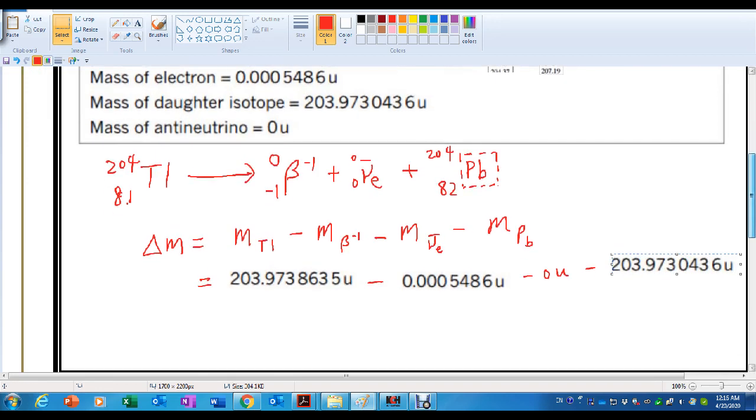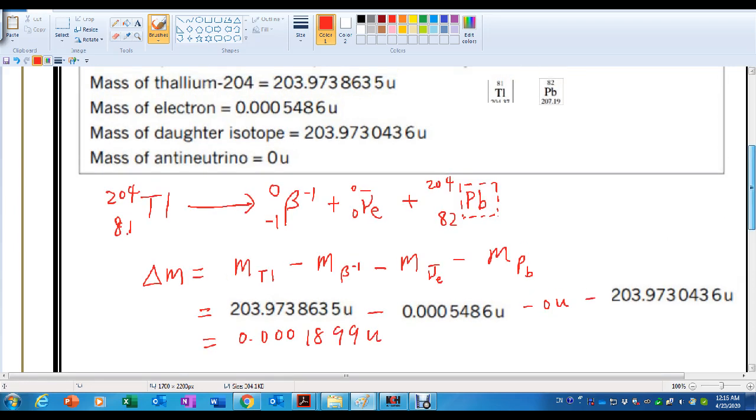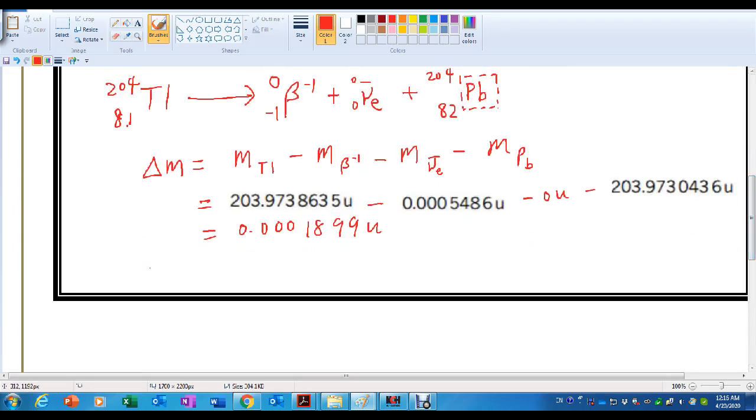Okay, got all the numbers. So when you do the whole thing, you get this number. It's still positive. That means you're on the right track.